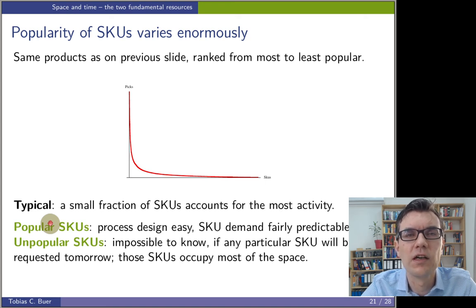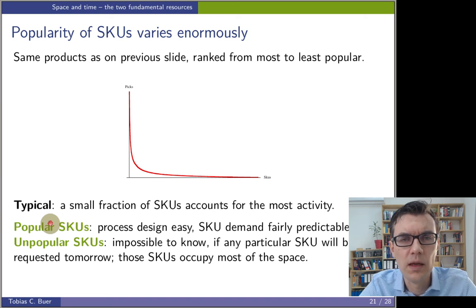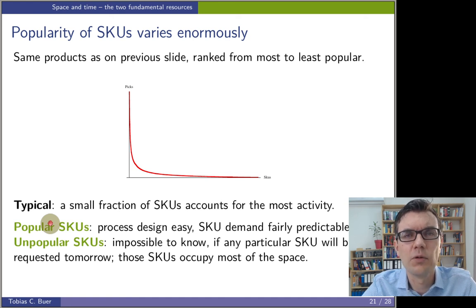Think, for example, of a warehouse designed for maintenance equipment of drilling equipment of an oil field, where things are stored to replace defective drilling equipment. Then we know maybe on average we have a demand of 1 per year, but we have no idea when this demand will actually happen.